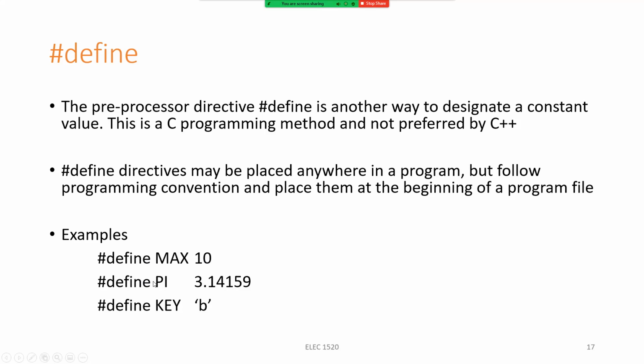The way that this works is once we define these, when we use these names in our code, whatever literals we have out here to the right are substituted in place of these words by the preprocessor. So you can create ints, doubles, right? Remember, this literal is an int, this literal type is a double, this literal type is a char. So wherever we use the word KEY in our code, it'll substitute in the character B.